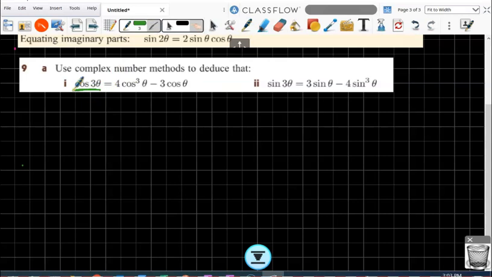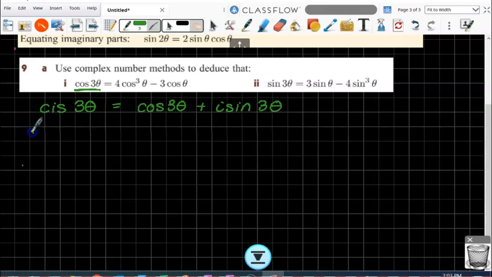When we see this, what we are trying to do is consider cis 3 theta. Do we agree that cis 3 theta equals cos 3 theta plus i sin 3 theta? I'd like to think we all agree with that, yes?